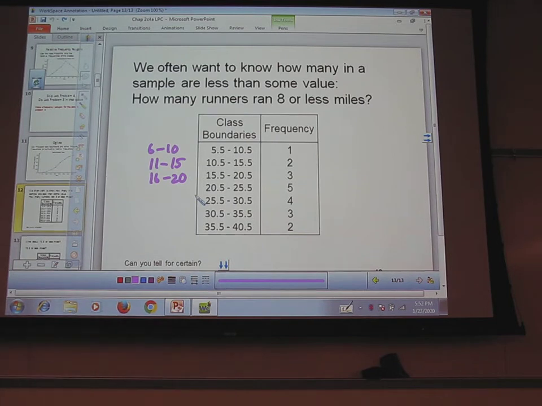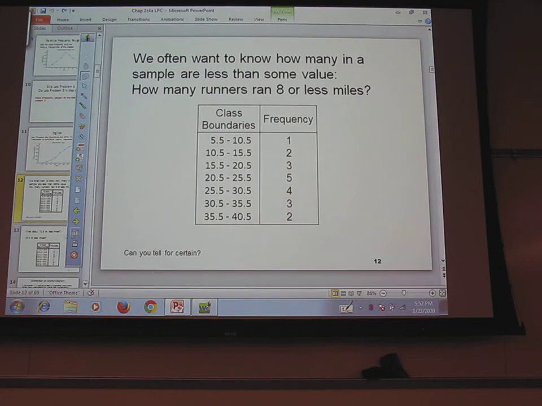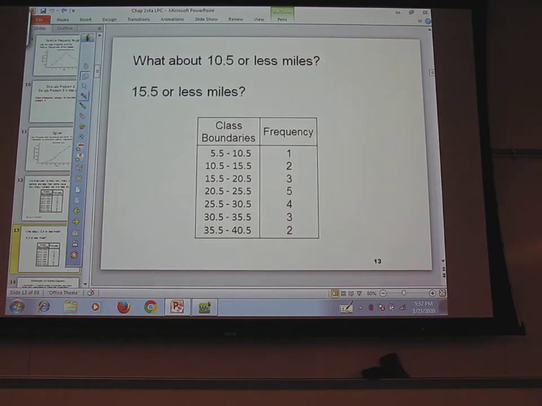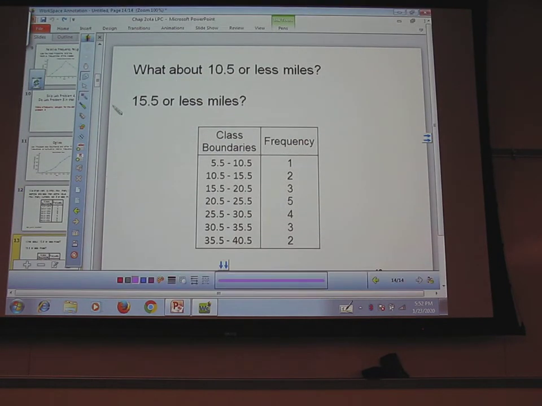All right, so answer me these questions, which you kind of answered one of them. 10.5 or less, well, less than 10.5 miles. You said 1. How about 15 and a half or less? 3. All these guys. What do we call that? Cumulative frequency. Right?